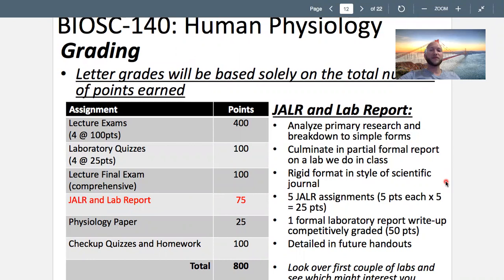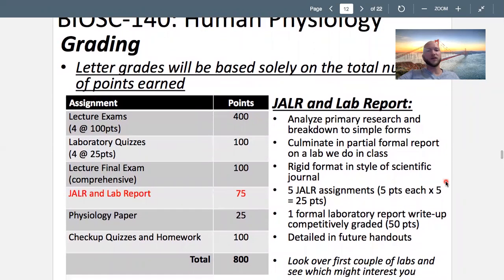There will be 5 assignments that will teach you about the format of scientific research papers: what's a hypothesis, what's an introduction, what's in a methods, what's in a discussion, results. They'll teach you about the different parts of a primary research paper, and strategies to analyze and understand primary research.